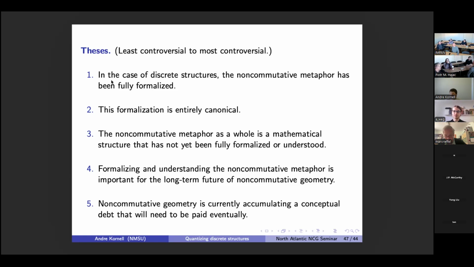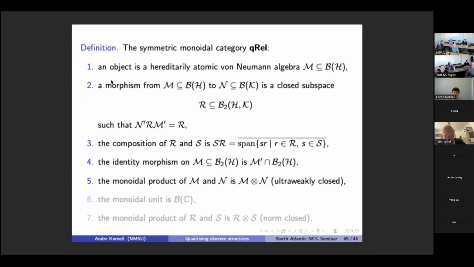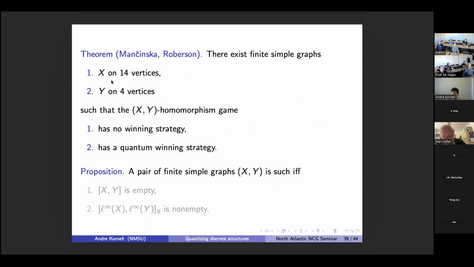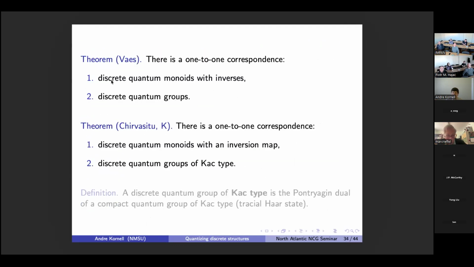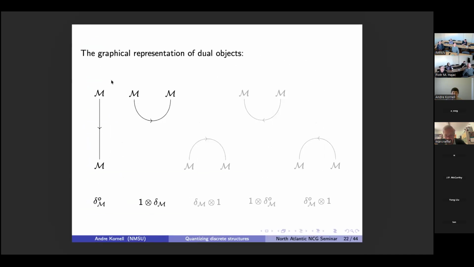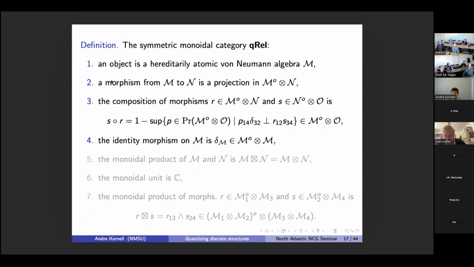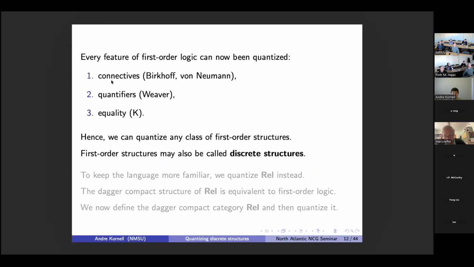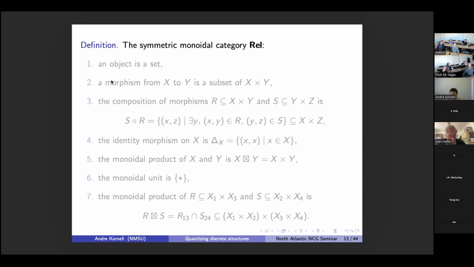Okay, if I may, I have a question, but we'll have to go almost to the beginning, to the moment before you started talking about structures, when you said that you'll be talking about quantum first-order logic, and there were the connectives quantized by Birkhoff-von Neumann. I wanted to ask because on the very next slide you jumped into the categorical framework.